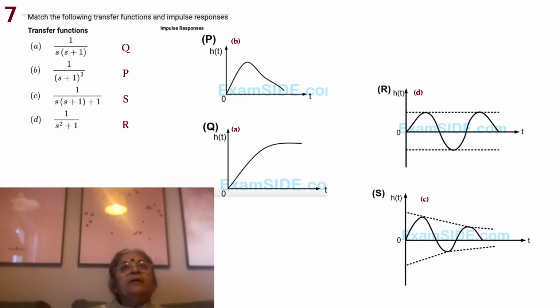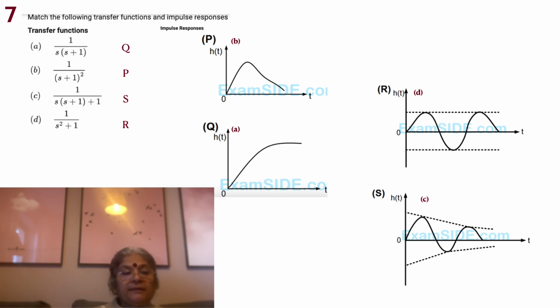So that is an underdamped version. So we see that S matches C. Finally, we have 1 by s square plus 1, which is a pure sinusoid in its Laplace inverse version. So we see that R matches the transfer function given by D. So as simple as that. I hope all the different very important diagrams are also very clear to you.